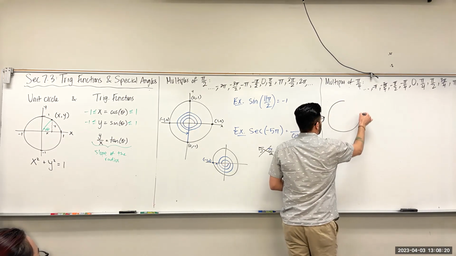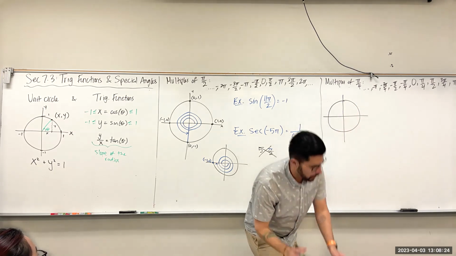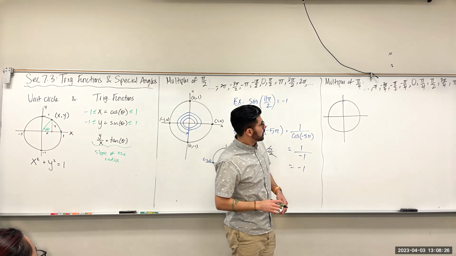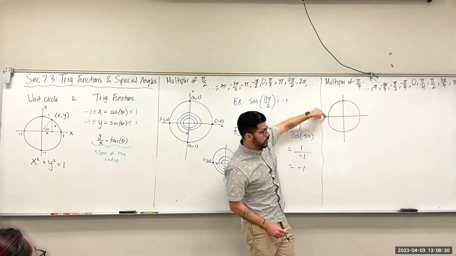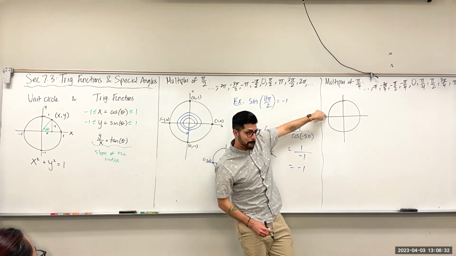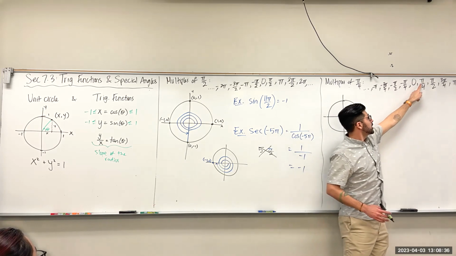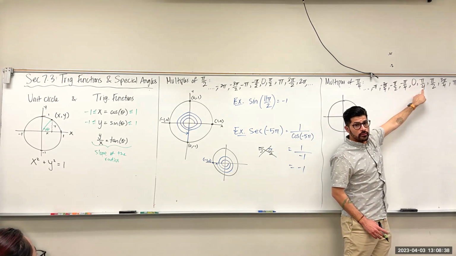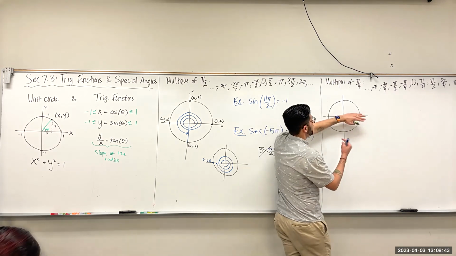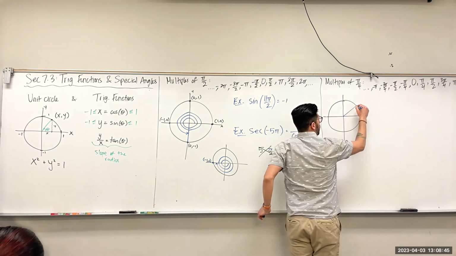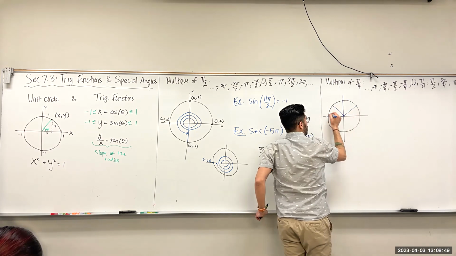Here, you guys are really going to see the fraction thing that I was talking about. 180 degrees is equal to pi radians, but this says that you're splitting up pi into fourths. Think of it like this: you've got pi and you're splitting it into 1, 2, 3, 4.